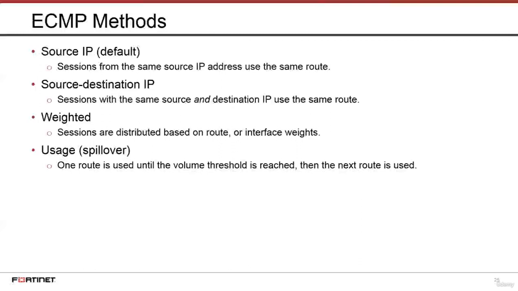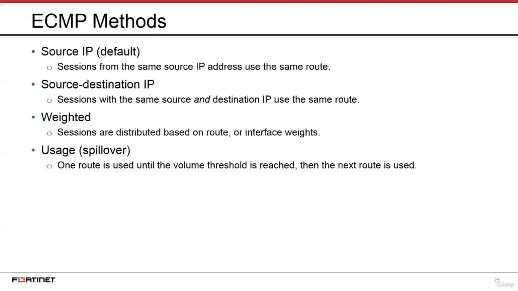With the ECMP load balancing method set to weighted, FortiGate distributes sessions with different destination IPs by generating a random value to determine the route to select. The probability of selecting one route over another is based on the weight value of each route or interface. Higher weights are more likely to be selected. There is an additional method called usage-based.